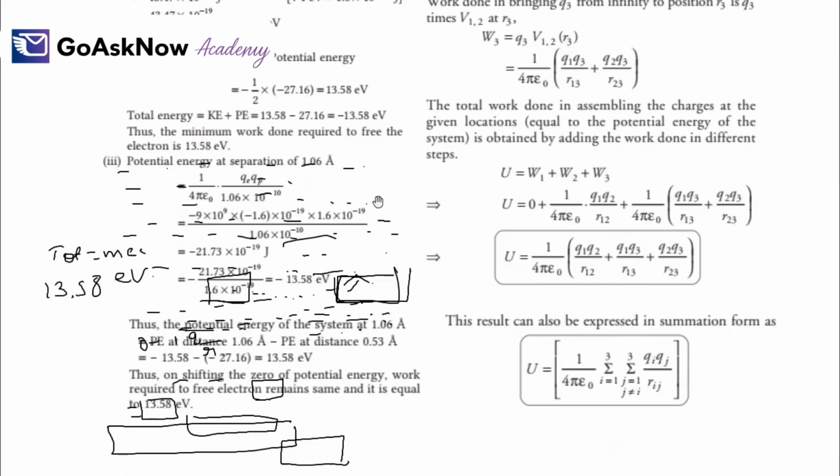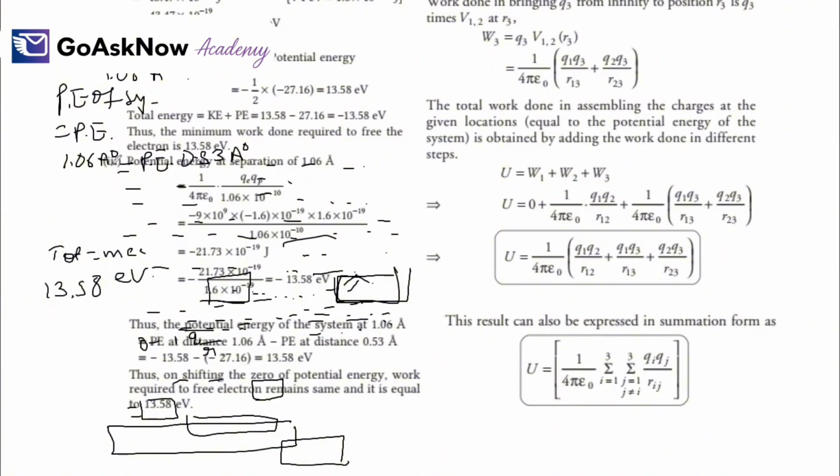Now we have to calculate the potential energy at this distance minus the potential energy at distance 0.53 angstrom, because the potential energy of the system will become the difference. So the potential energy at 1.06 angstrom distance minus the potential energy at 0.53 angstrom.